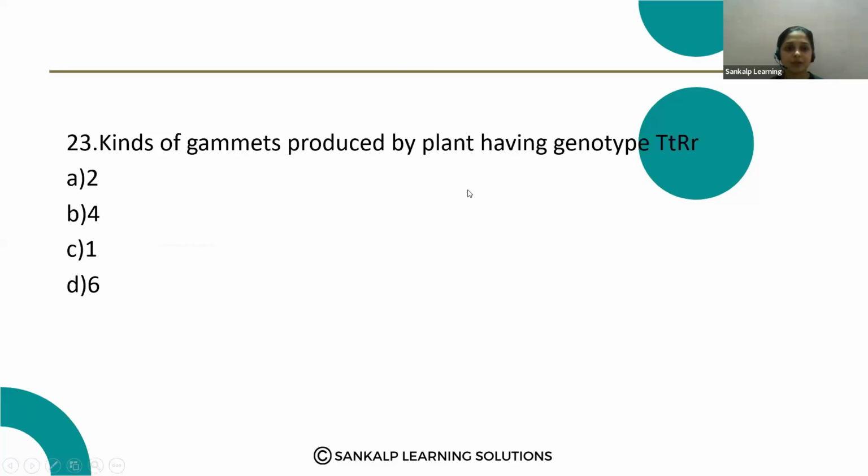Next question. Kinds of gametes produced by a plant having genotype TTRR. Okay. So here the plant has TTRR, and what types of gametes are produced when it has the TTRR genotype?